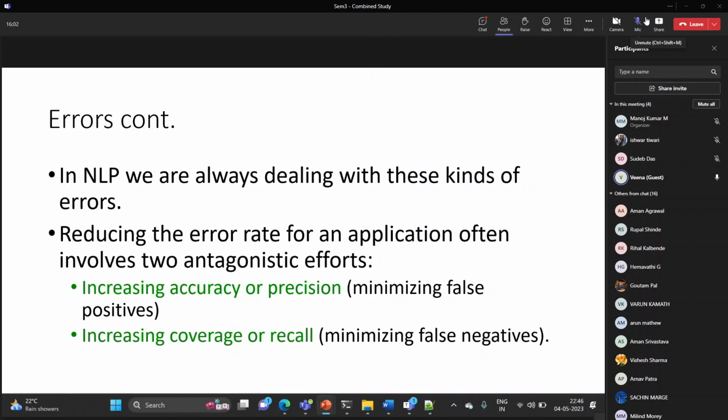Our valid mails go to spam and we may not notice at all. That is an accuracy issue. Whereas if only 1% of the mail is going to spam and everything else is in the inbox, then there is some issue with our logic. That is a false negative.